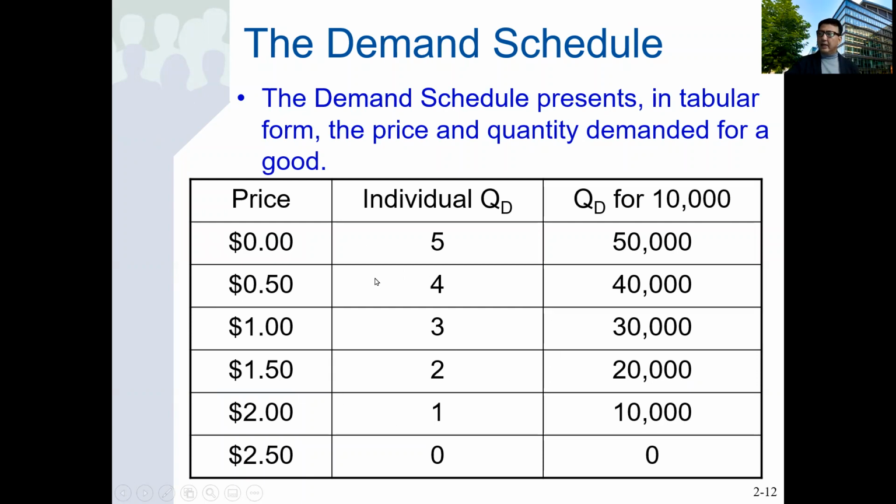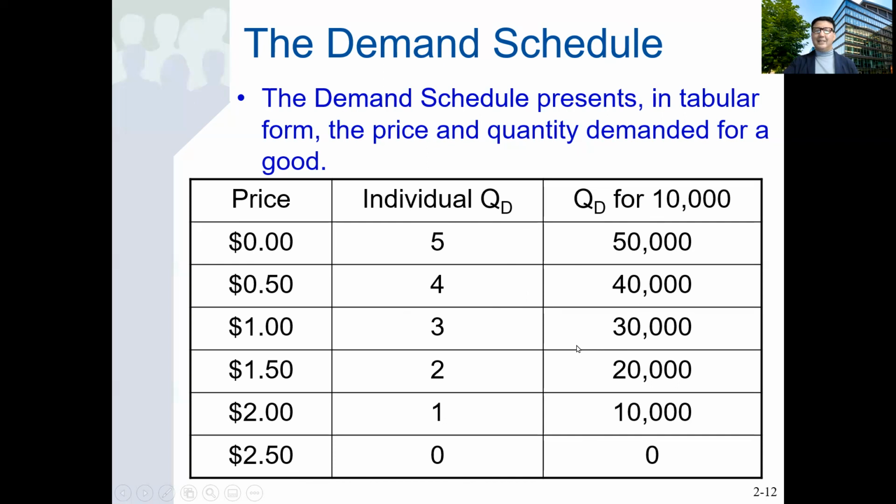Demand schedules, as you saw in the textbook, are just a list of all different prices incrementally going up, and then the individual demand, and then the quantity demanded. In this example in the textbook, I believe they use orange juice. There's individual demand, and then the quantity demanded for the whole city, not just individuals but the whole group of people.